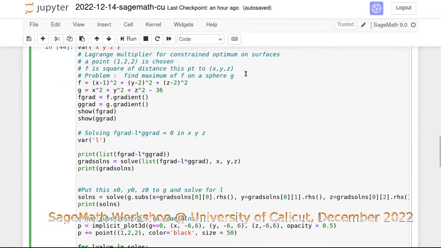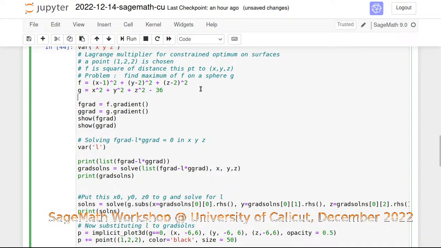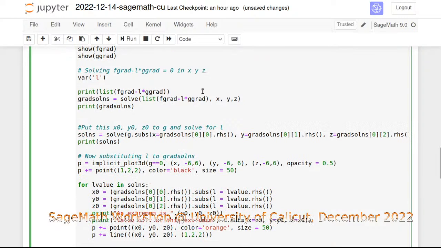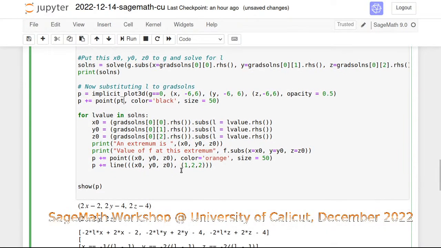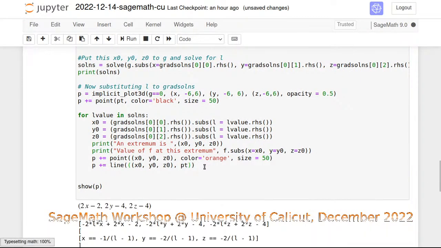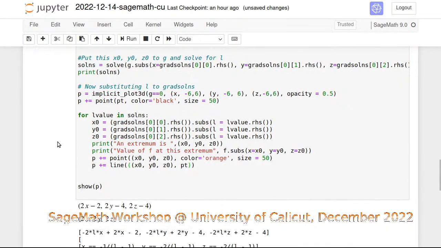Instead of that, it will be good practice to define a point to be just 1, 2, 2 as a tuple, and use PT wherever 1, 2, 2 is appearing. The problem will become more general in that way.